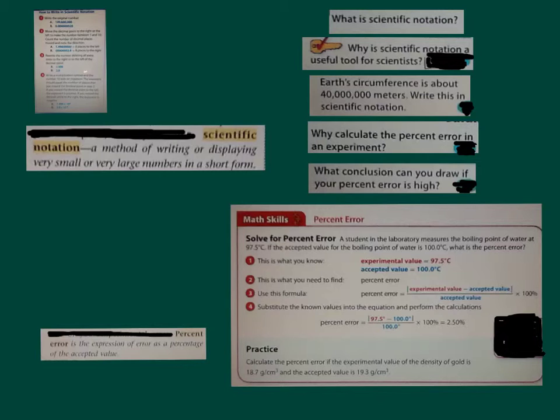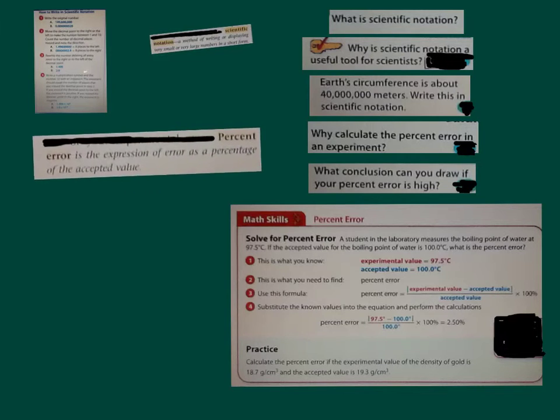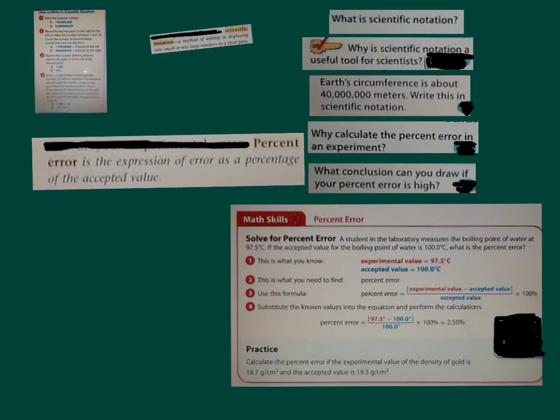So what I want you to do is, I have, guess what, another definition, because percent error happens to be one of the vocab words. So please write percent error in your vocabulary words in your science journal and write the definition: the expression of error as a percentage of the accepted value.